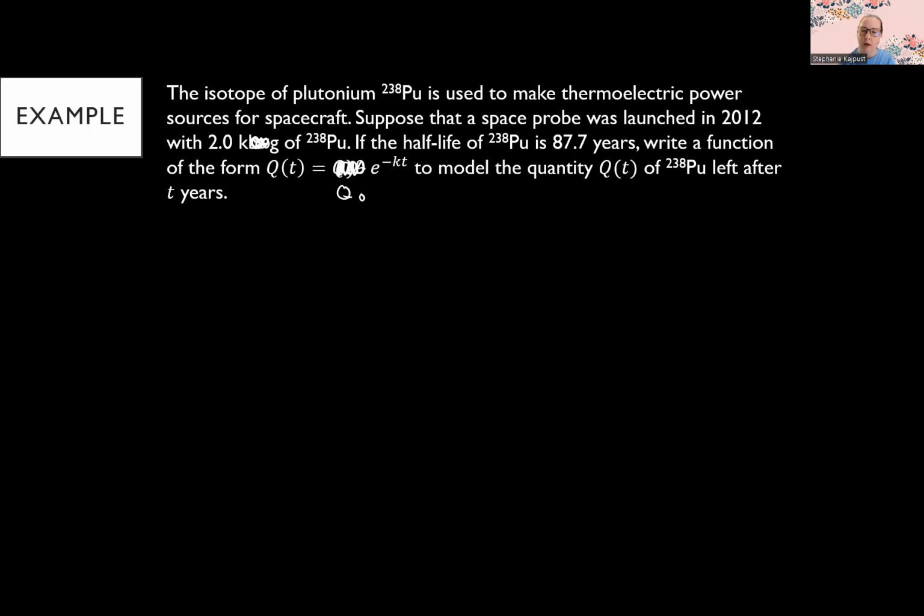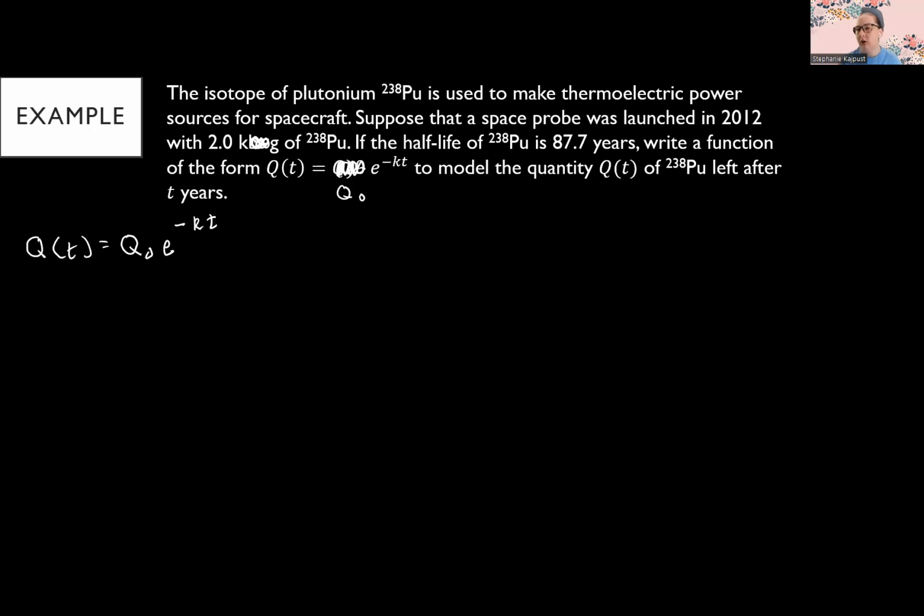Notice that we have a negative in front of K, because when you're decaying, you're getting smaller and decreasing. That negative indicates that we're decreasing. So we are using the model Q of T equals Q naught e to the negative KT.